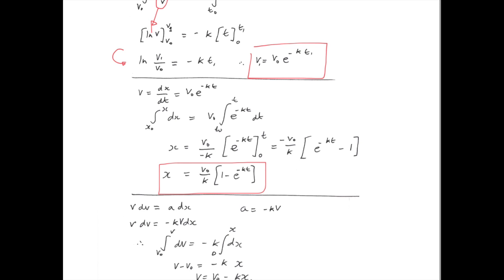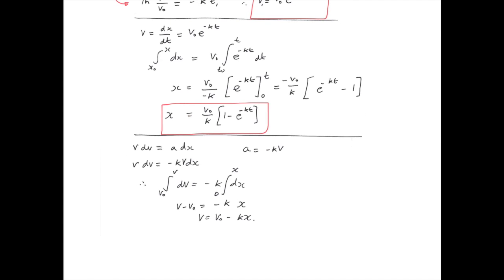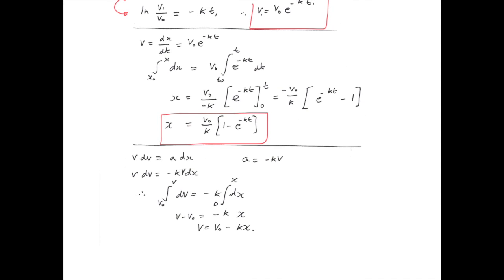Now finally it asks you to find velocity as a function of displacement, and for this one you use the other expression, v dv is equal to a ds or a dx in this case, and again you know what a is, and it's an even more straightforward operation to substitute a as minus kv and integrate that.